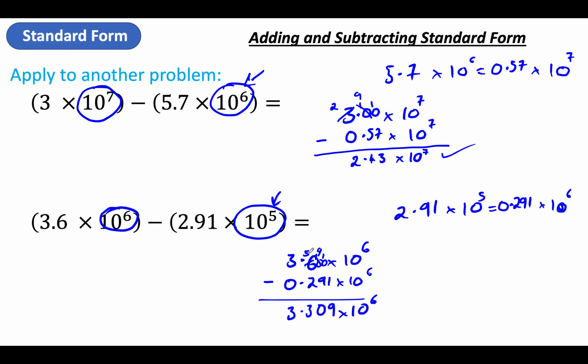Sorry about the small writing there, but it does work out, I promise. 3.309 times 10 to the power of 6 is right. Okay, so it's the same method. The only difference is, remember to do the first number, take away the second number. Yeah?